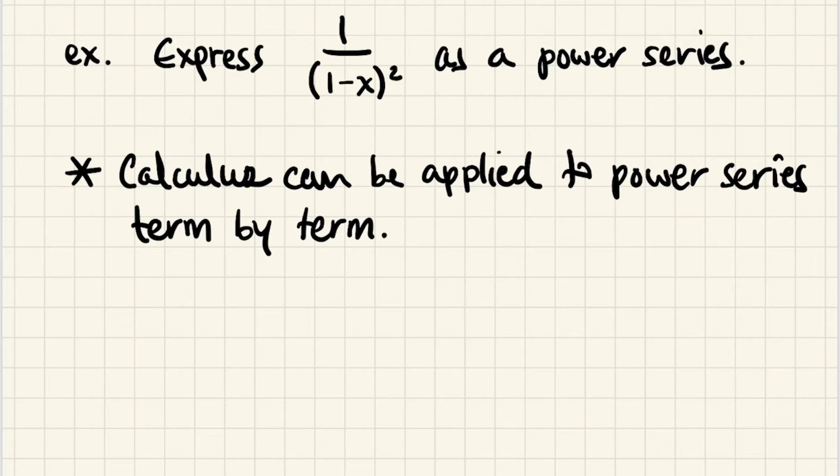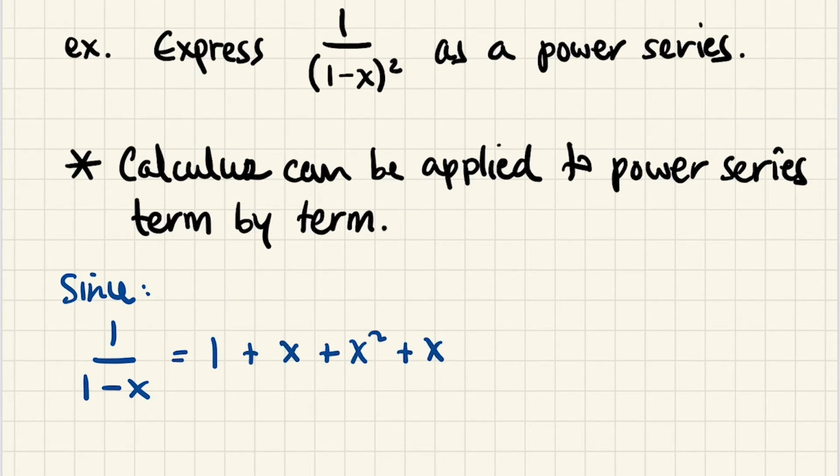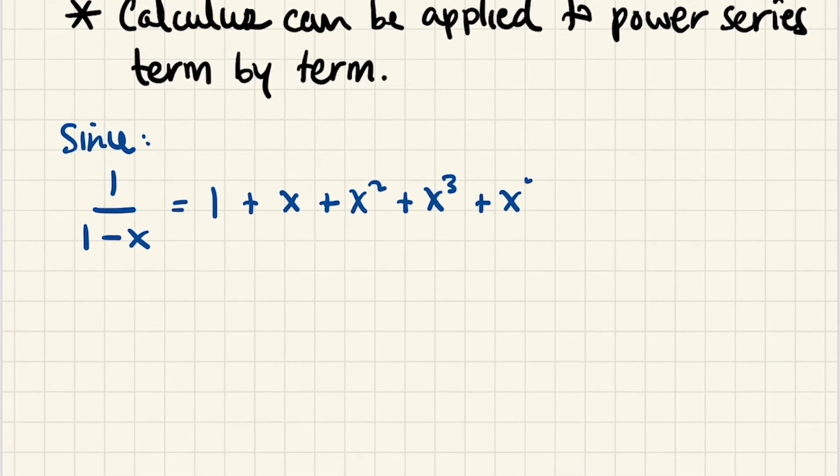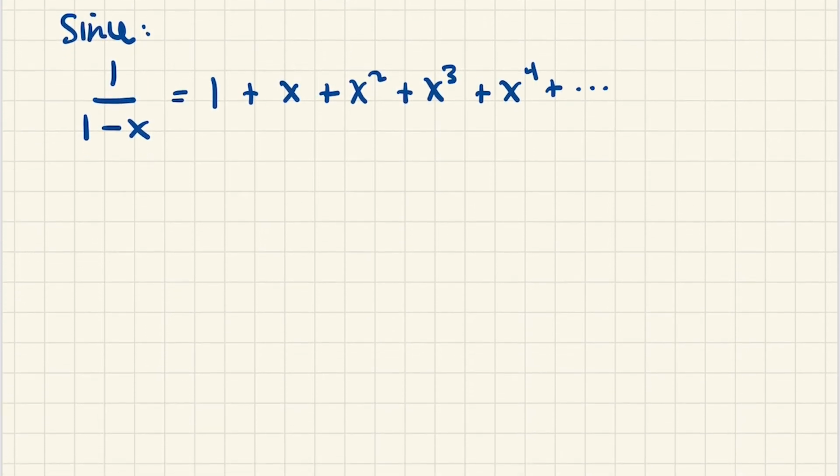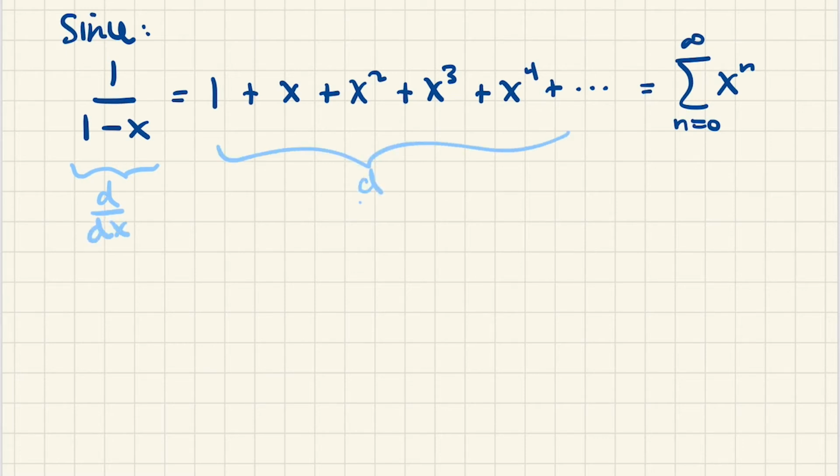So what the heck do we mean by calculus can be applied? Well, since we have the following, 1 over 1 minus x is equal to 1 plus x plus x squared plus x cubed plus x to the fourth plus and so on, which of course in sigma notation we know is this, then you can take the derivative of the power series term by term, and the equality is preserved.